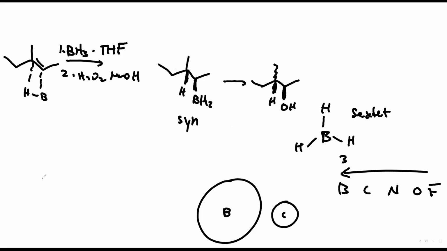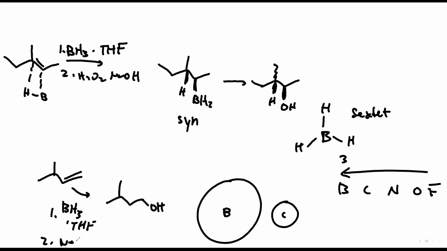The only other thing we could talk about here is this right here, which would give us the alcohol like that, but who cares about that, right? This is not chiral at all, but BH3-THF will give you this product. Okay, cool. All right. So we'll move on from there.